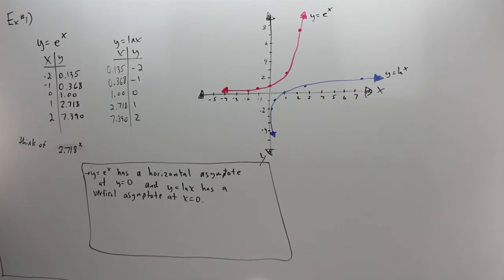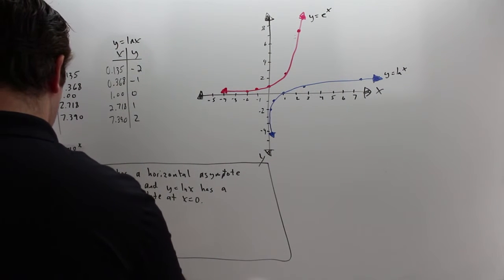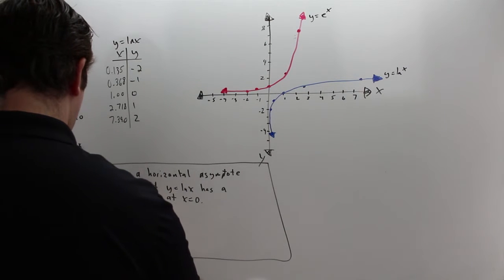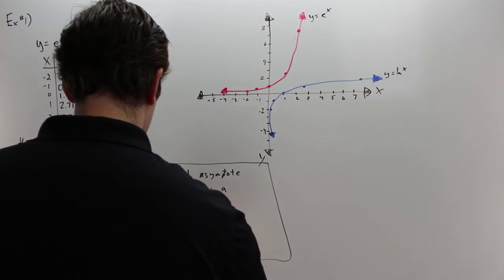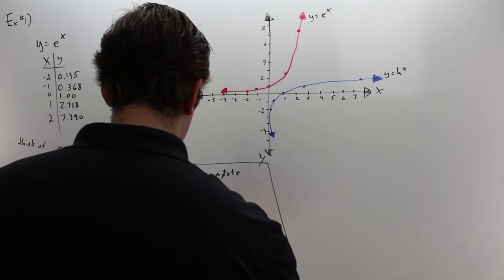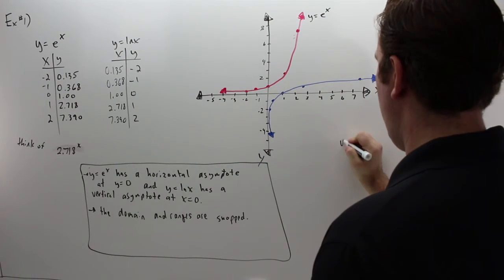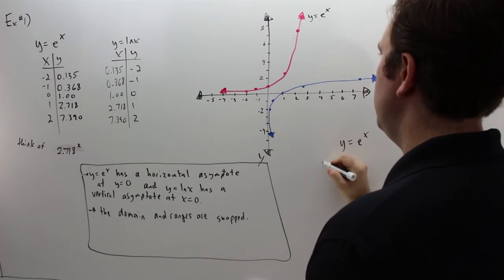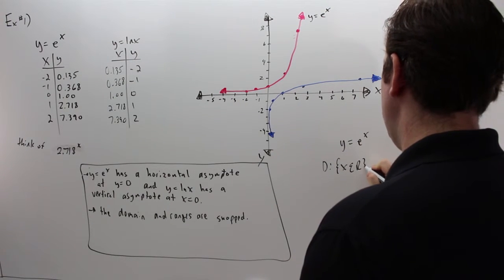Point 2 is that the domains become swapped, and so do the ranges. If you're unsure what I mean by that, it's actually quite simple. If we're talking about y equals e to the x, the domain is unrestricted: x can be all real numbers.